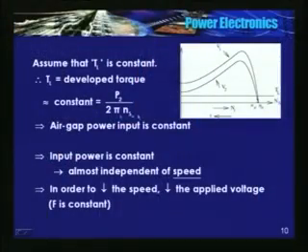It is nothing but the air gap power input P2 divided by 2 pi ns. This is a very popular expression: P2 divided by 2 pi ns is the developed torque, where P2 is the air gap power input.